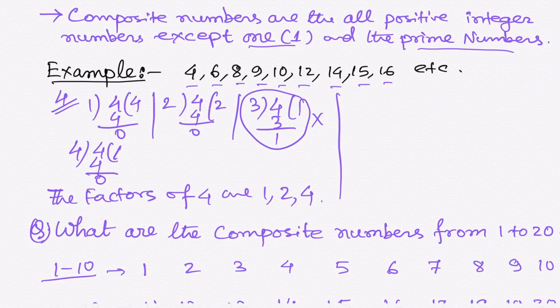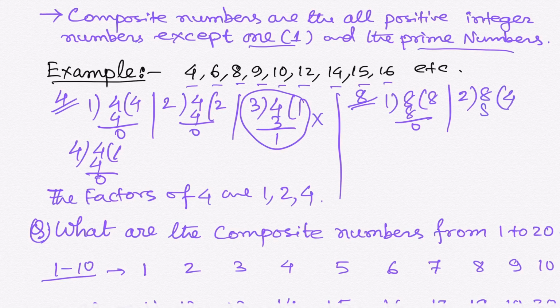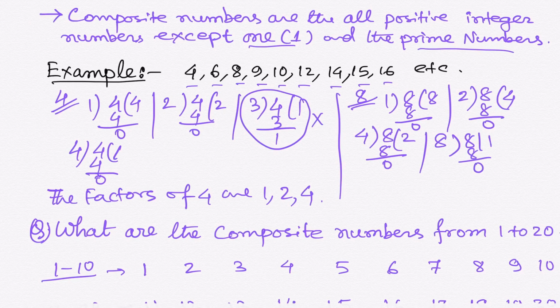Now I'll take another example, say 8. 8 is divisible by 1: 1 eight is 8, the remainder is 0. 8 is divisible by 2: yes, 2 fours are 8, the remainder is 0. 8 is divisible by 4: yes, 4 twos are 8, the remainder is 0. And at last, 8 is divisible by itself: 8 ones are 8, the remainder is 0. 8 is not divisible by 3, 5, 6 or 7.